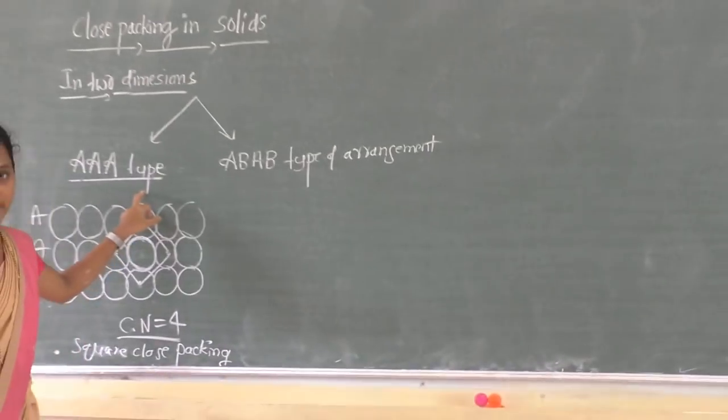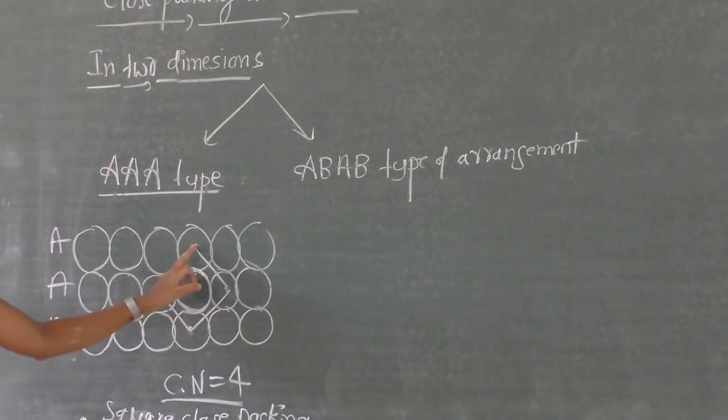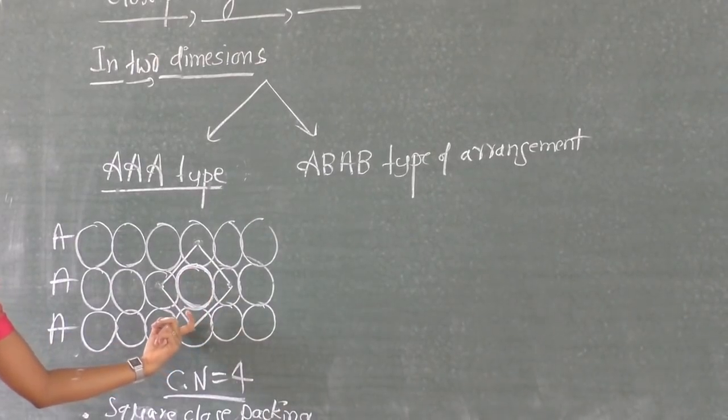So this is close packing in 2 dimensions, under that A type where the coordination number is 4. Each sphere will be in contact with the 4 neighboring particles.